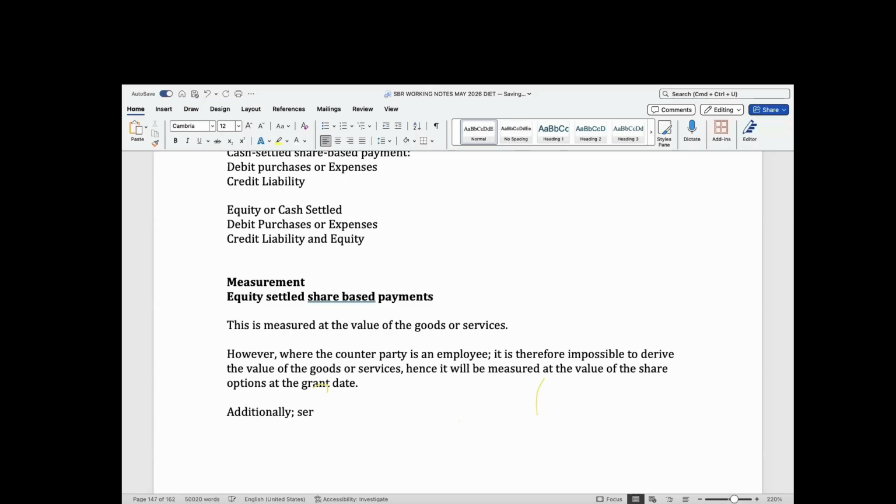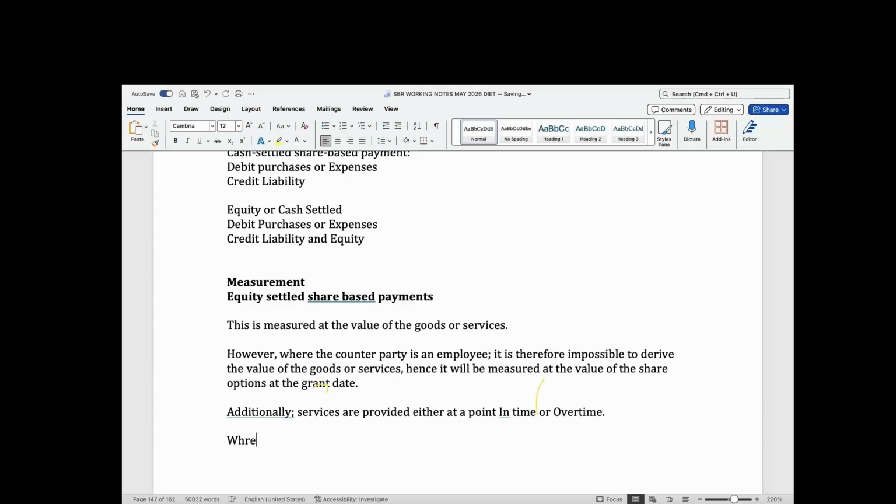Still on measurements. Additionally, services are provided either at a point in time or over time. Remember, we talked about this in IFRS.